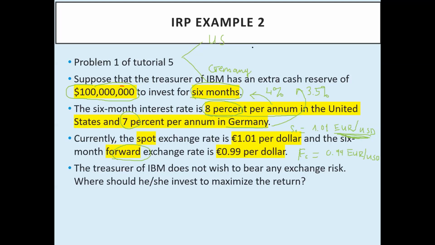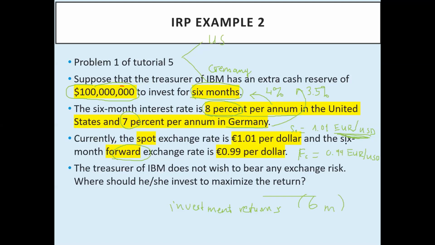We want to invest, so we want to look at the investment returns for both options for a 6 months horizon, okay?